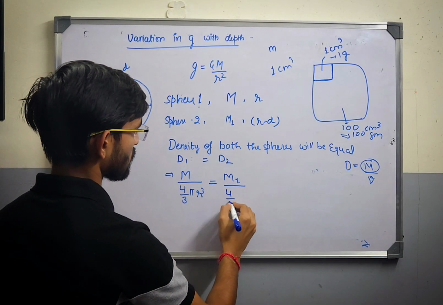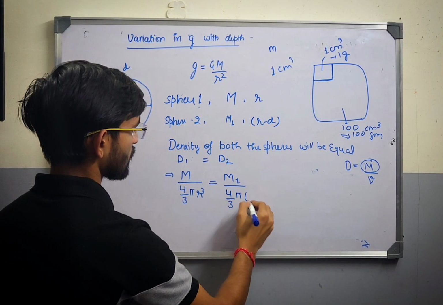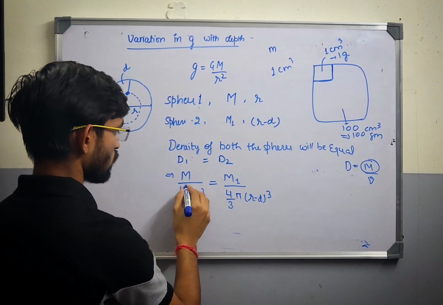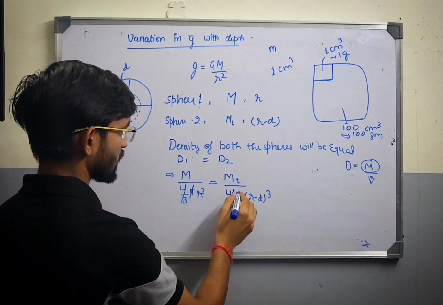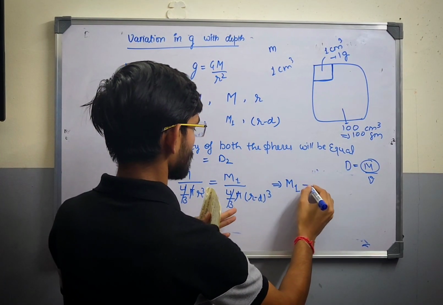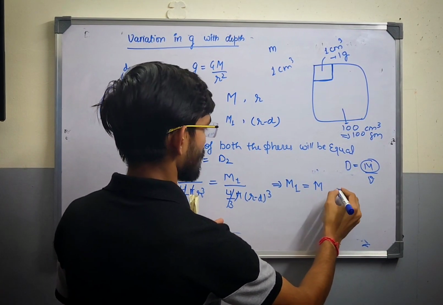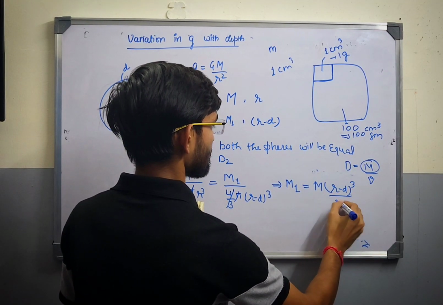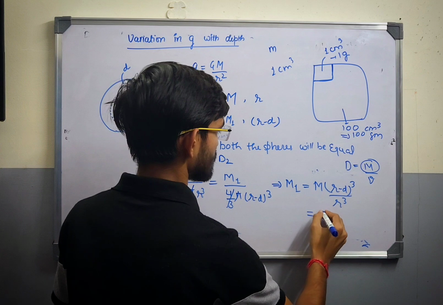So we can write 4 upon 3 pi (r minus d) whole cube. So 4 upon 3 cancels out, pi cancels out, and I can write m1 equal to capital M (r minus d) whole cube upon r cube.